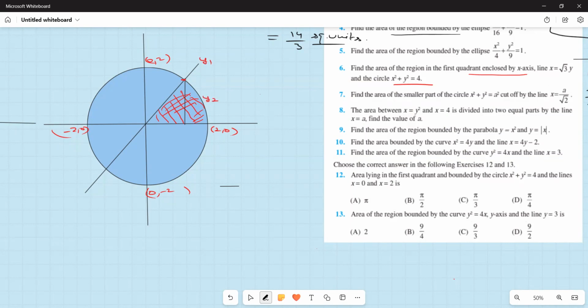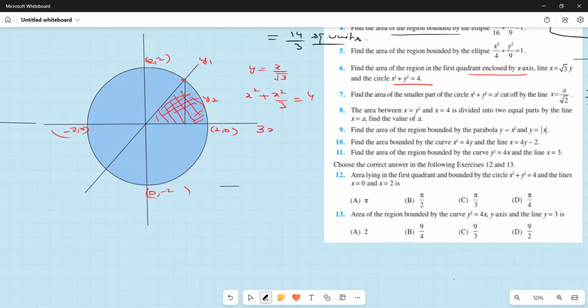Now I need this point also, the point of intersection. So just put the value of y, y is equal to x by root 3, no? So put it over there. x square plus x square by 3 is equal to 4.